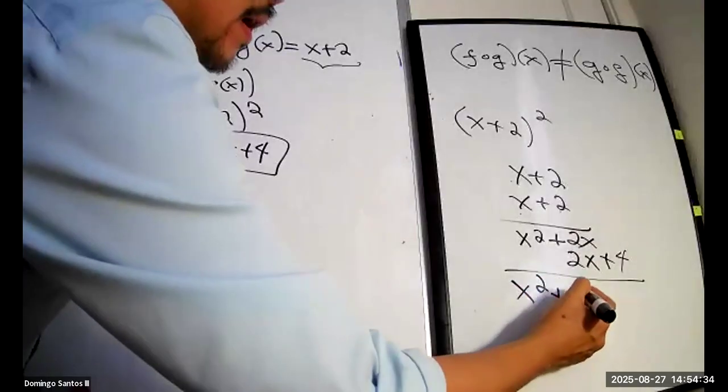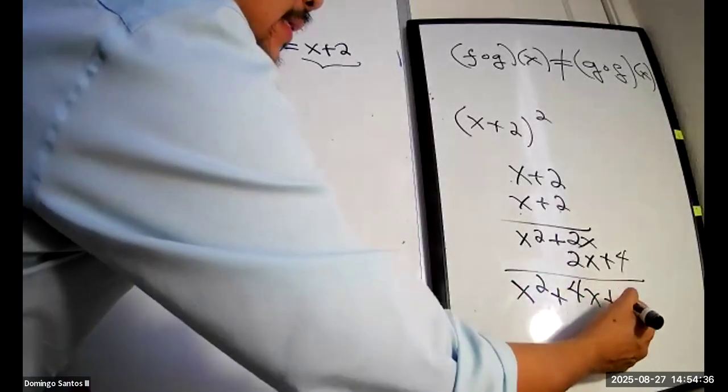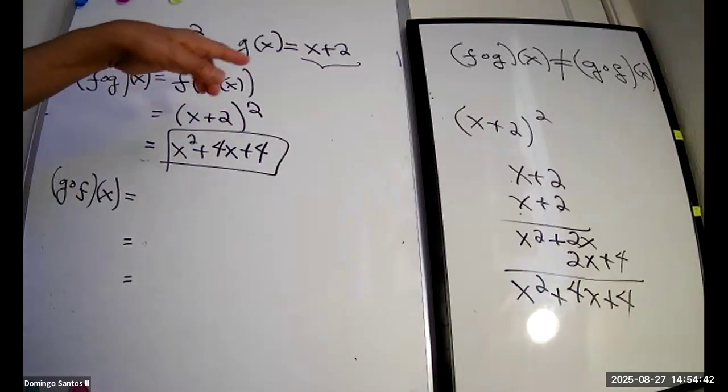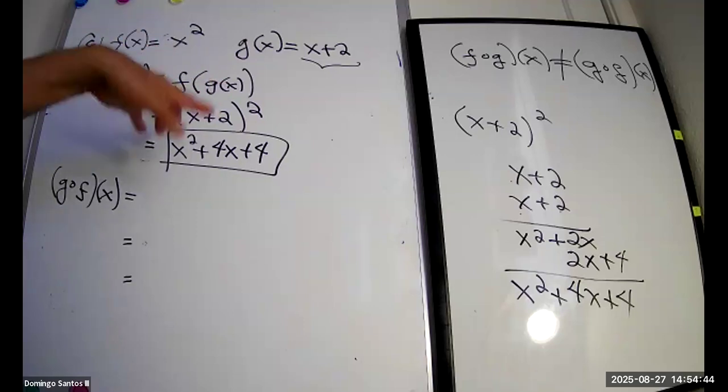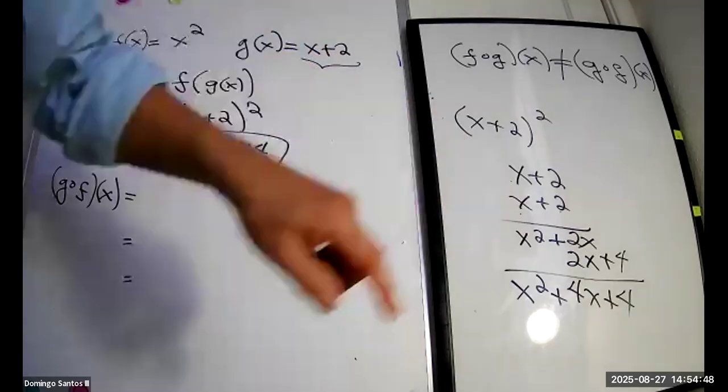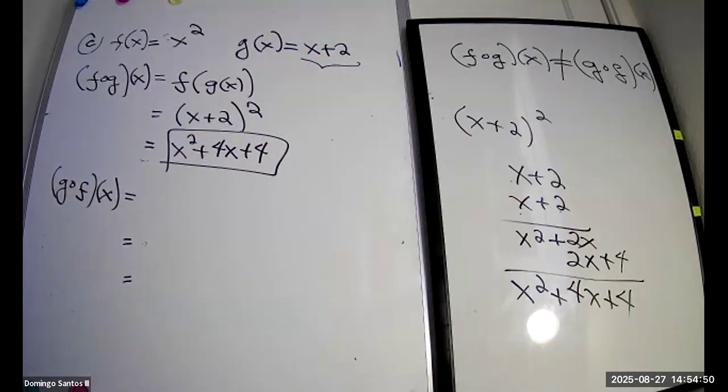And then you add, right? This is x squared plus 4x plus 4. Remember that. If you don't know how to spell this out using special products, which we learned from algebra, you can just do long multiplication and it should be okay. Are we good?